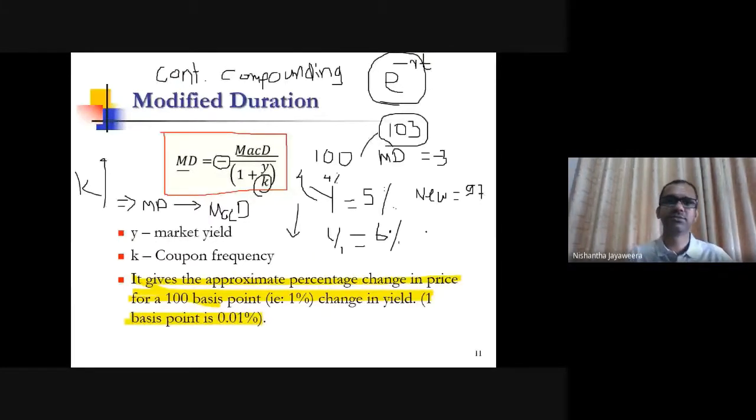But through these equations, you should be able to identify what would happen to these if y increases or k increases or y decreases or k decreases. You need a little bit of mathematical knowledge to interpret these relations.